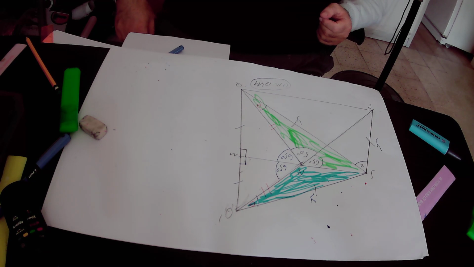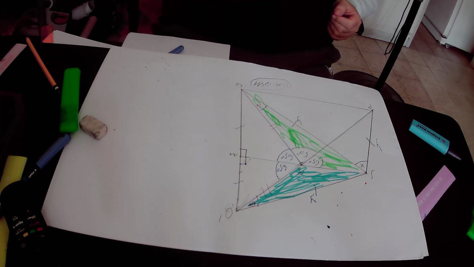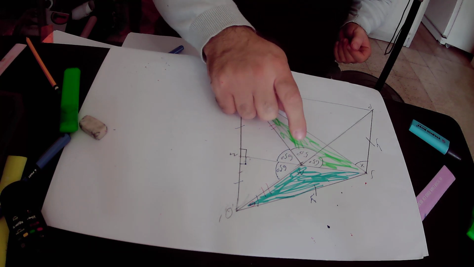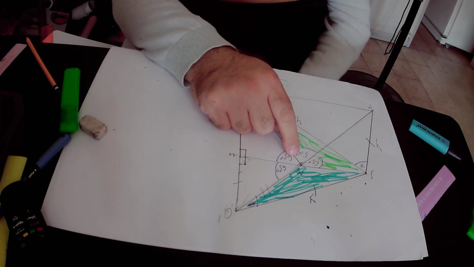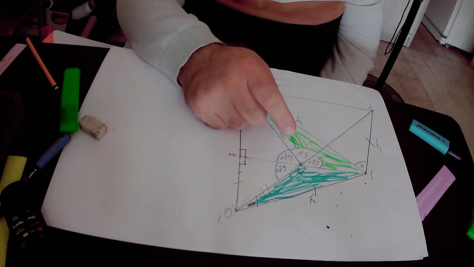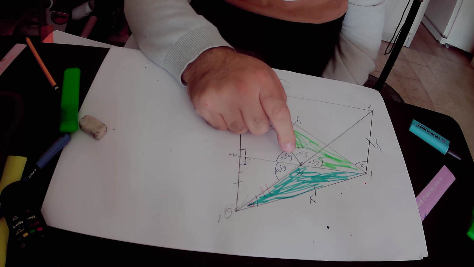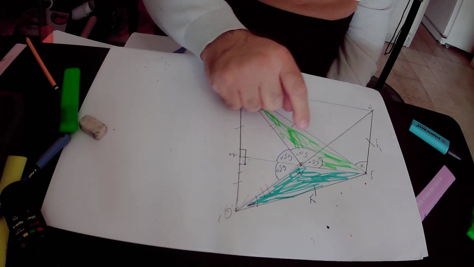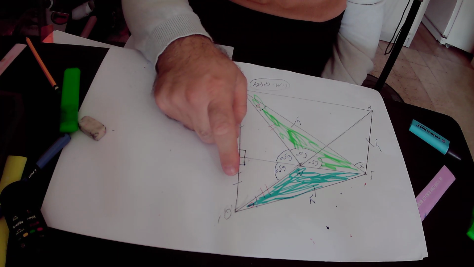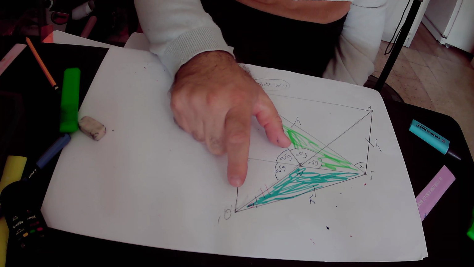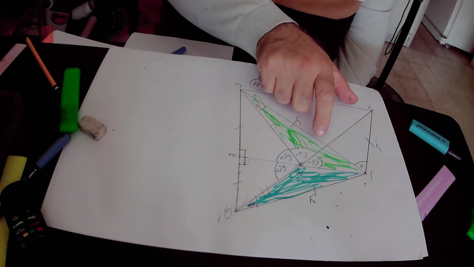the only question that is left to answer whether PQ dash S is a straight line is what is happening at point R. If at point R we have 180 degrees, then we can conclude that PQ dash S is a straight line, because RQ dash S is a straight line and PR is also a straight line.